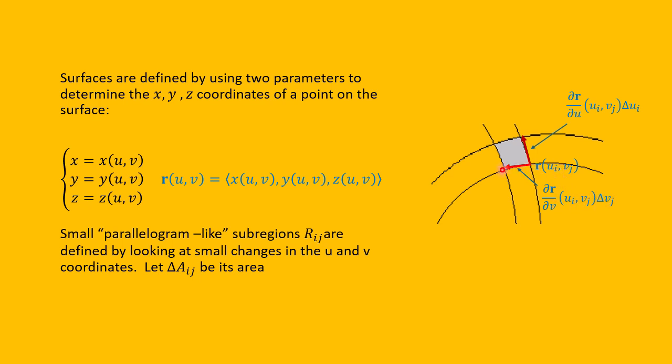So we have two vectors here emanating from this vertex of this region. We'll assume that this is very close to being a parallelogram, and we will use that formula we saw earlier to compute approximately the area of this little subregion by thinking of it as the area of a parallelogram, and that area can be computed by using a cross product.